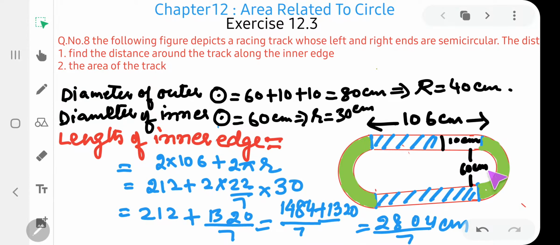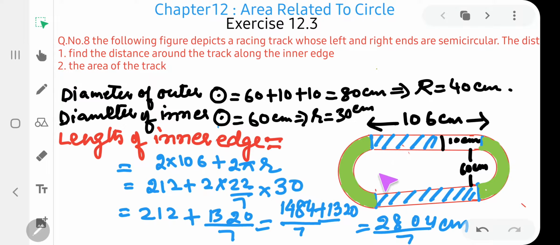The width between the two parallel lines is 60 centimeter and the width of the ring is 10 centimeter. We are required to find the distance around the inner track, and the area of the whole track.